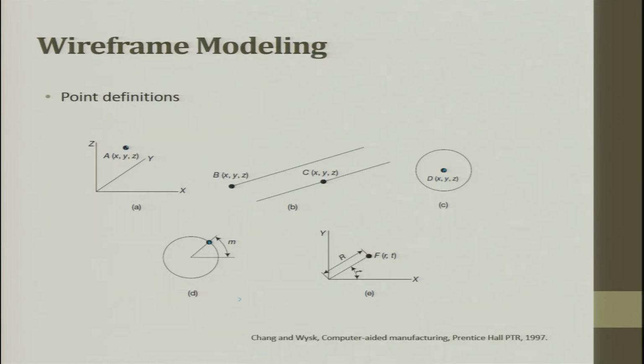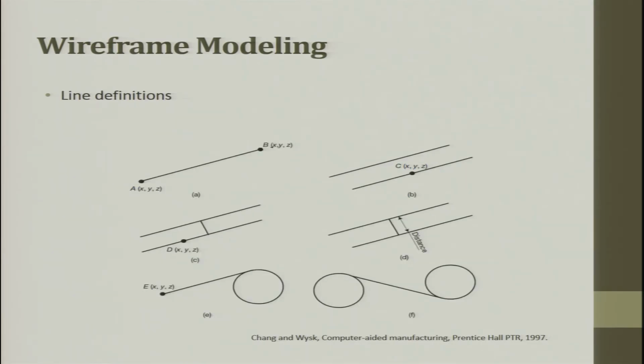So, a point, you can define as x, y, z. You can define a line and then you can say start point and midpoint like this, and this is for a circle. This is for a sector you want to do, and a point drawn at an angle to the x axis. So, these are different ways you define a point, and these are different ways you define a line.